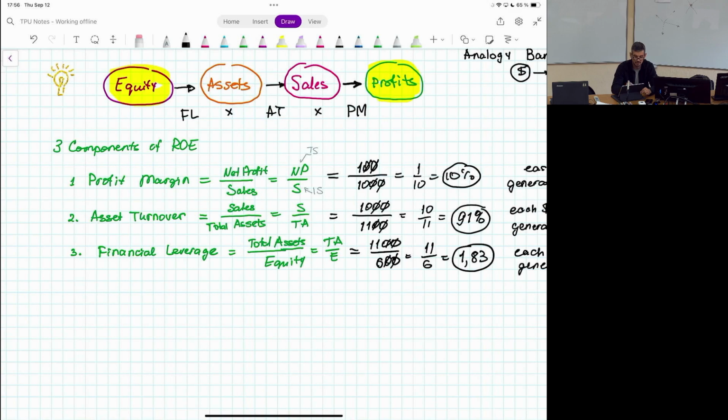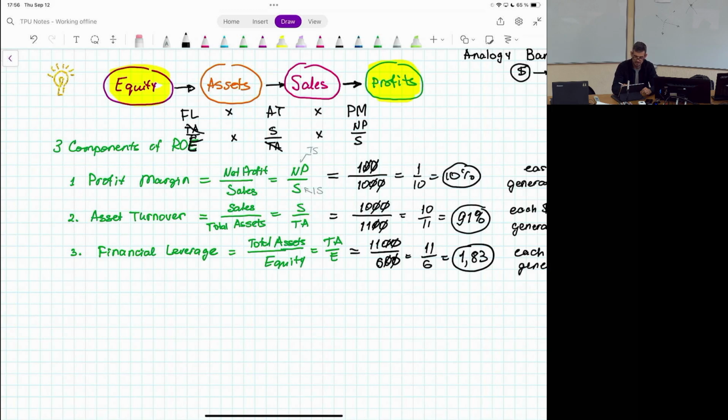То есть это return on equity складывается из трех компонентов, которые мы перемножаем. Profit margin у нас был какой? Net profit divided by sales. Asset turnover был sales divided by total assets. Financial leverage у нас был какой? Total assets divided by equity. Что происходит у нас здесь?